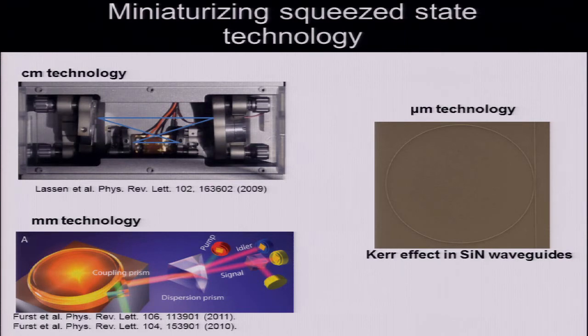We have also performed some other squeezed state experiments with millimeter technology. This is like a disc of lithium niobate, which has a diameter of 0.5 millimeter or 1 millimeter. And now we're trying to use silicon nitride ring cavities, exploiting the Kerr effect for producing squeezed light. So we're trying to miniaturize the source.